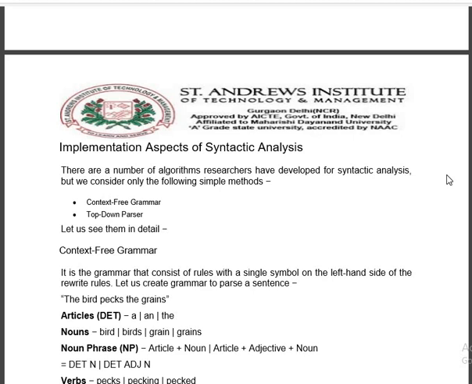Let's say there are two important methods we use, that is context-free grammar and top-down parsing. Top-down parsing comes under compiler design. And context-free grammar comes from a subject in computer science, that is automata. The study of automata is the field of computer science that helps to generate grammar rules. Whatever sentence we are writing, it must follow a certain kind of rule.